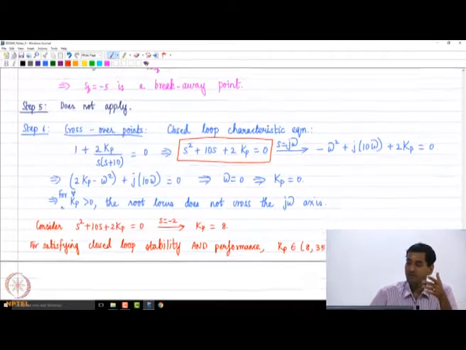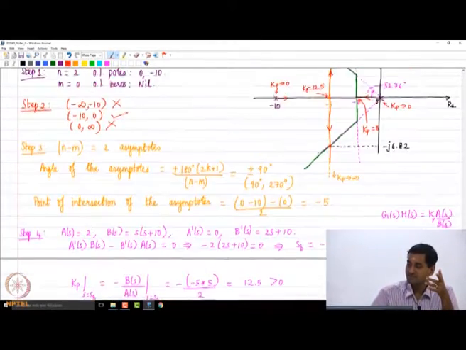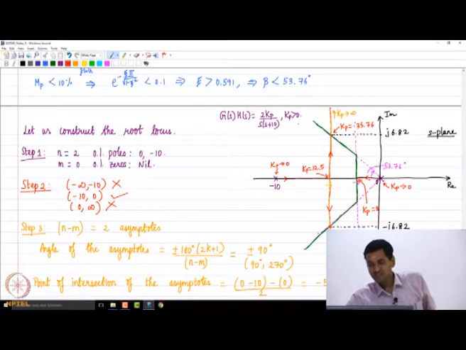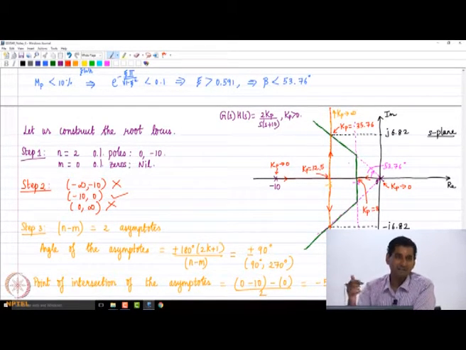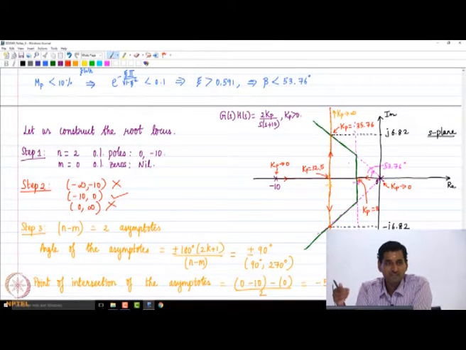And even if I go back to the root locus and look at this, I would design for some Kp between 12.5 and 35.76, because by and large we would want our closed loop control systems to be slightly underdamped, right? So if I want to satisfy the performance specifications and closed loop stability and still design an underdamped second order system, I would choose Kp between 12.5 and 35.76.